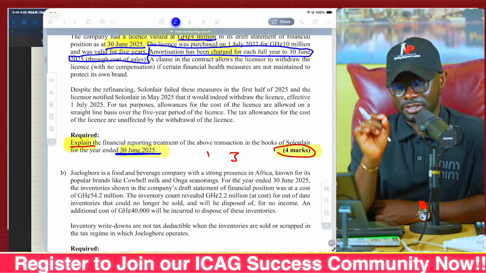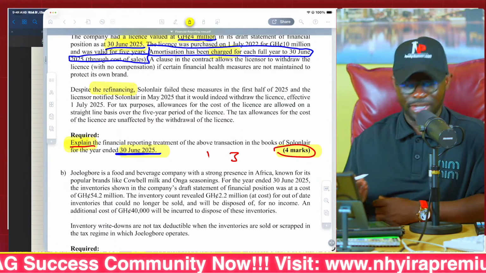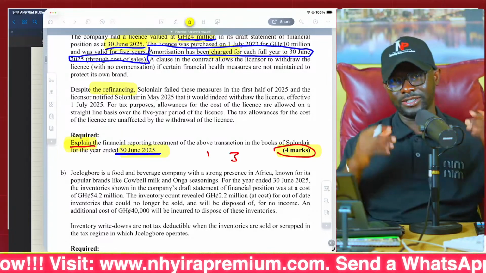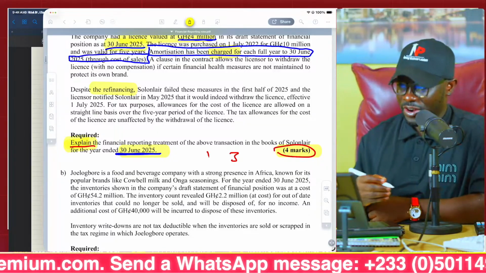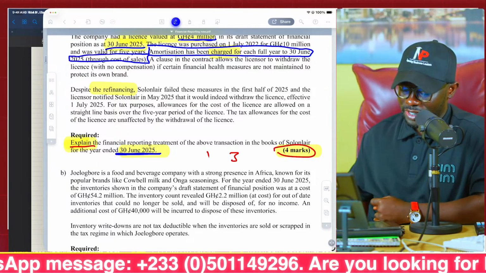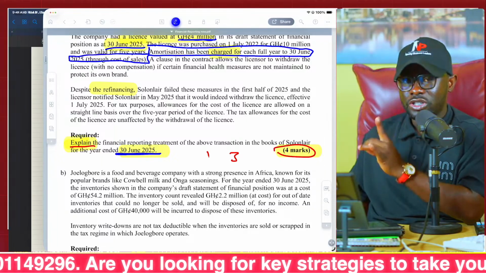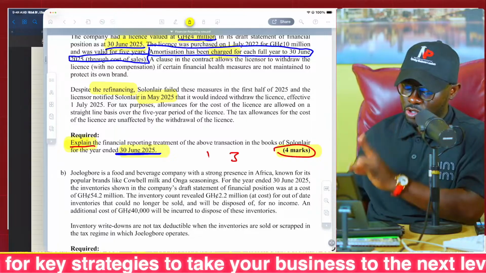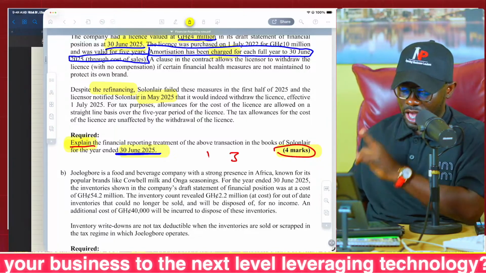Despite the refinancing, sometimes you look at some of the questions and it seems some things are being cut, and then they build the story up as we go. Solon Air failed these measures in the first half of 2025, and the licensor notified Solon Air in May 2025 that it would withdraw the license effective 1st July 2025.